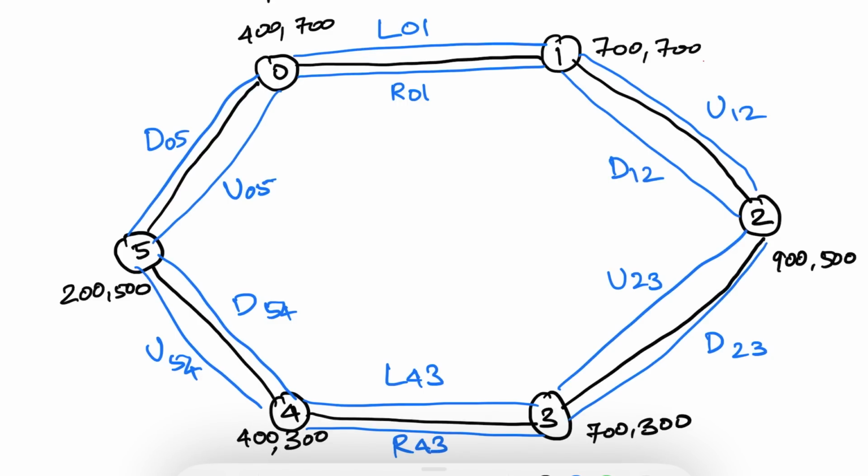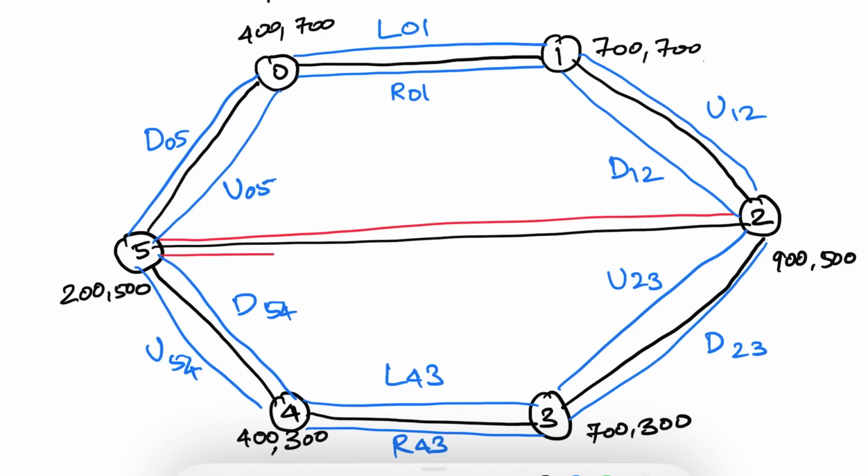So this way I can connect. I can even draw one more road from here to here, connecting two different lanes as well. In this case I will make L52 and D52, sorry, R52. So this way I can connect my roads.